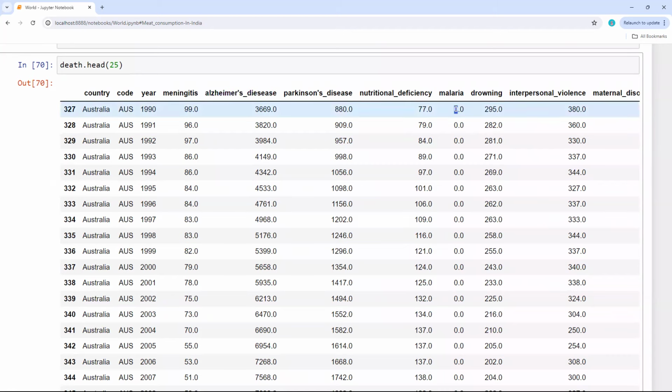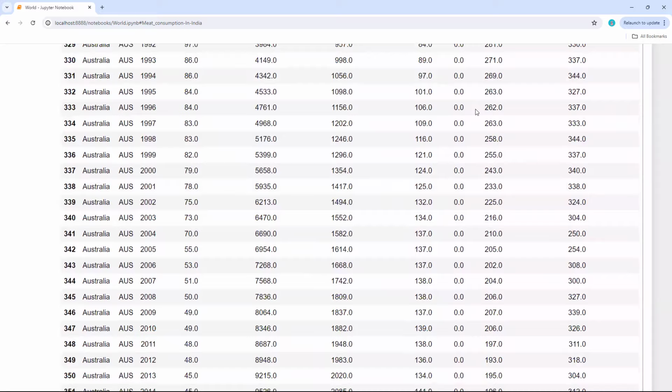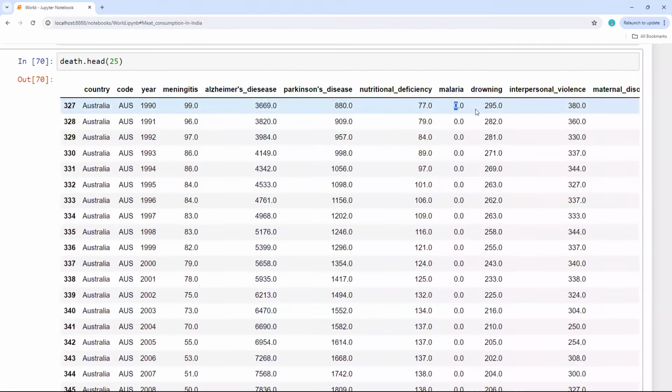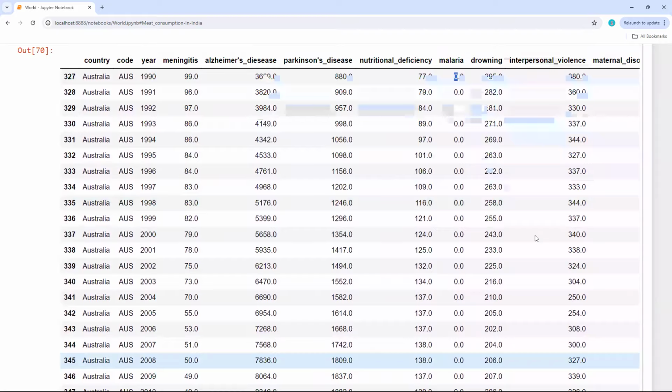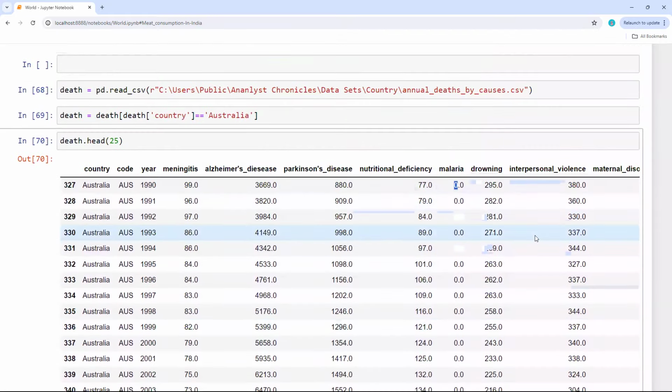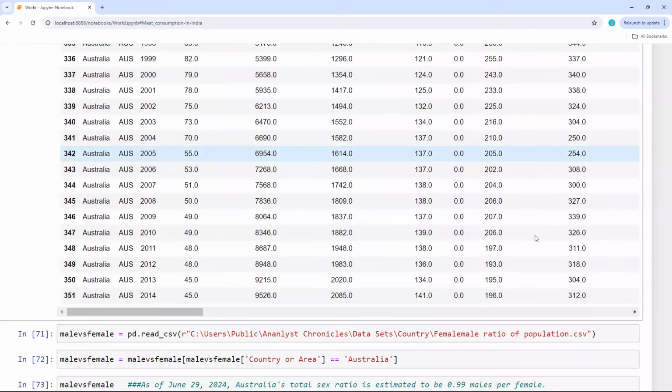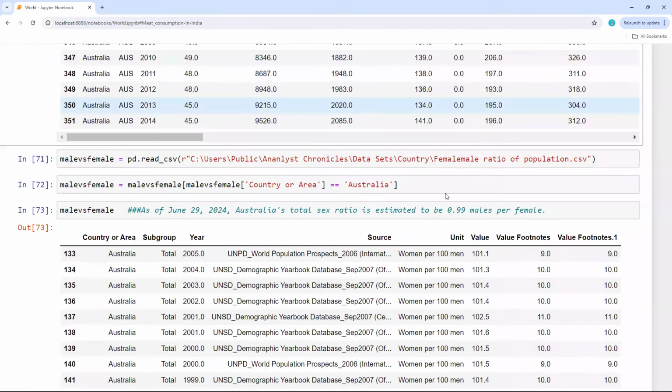For malaria, none have died. There are no records for malaria, and drowning, interpersonal violence. So this is the data of the cause of death from 1990 to 2014.